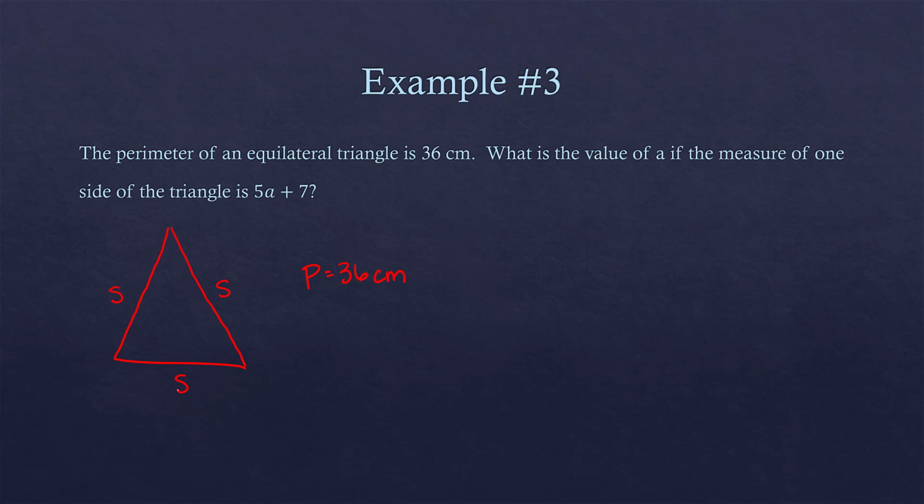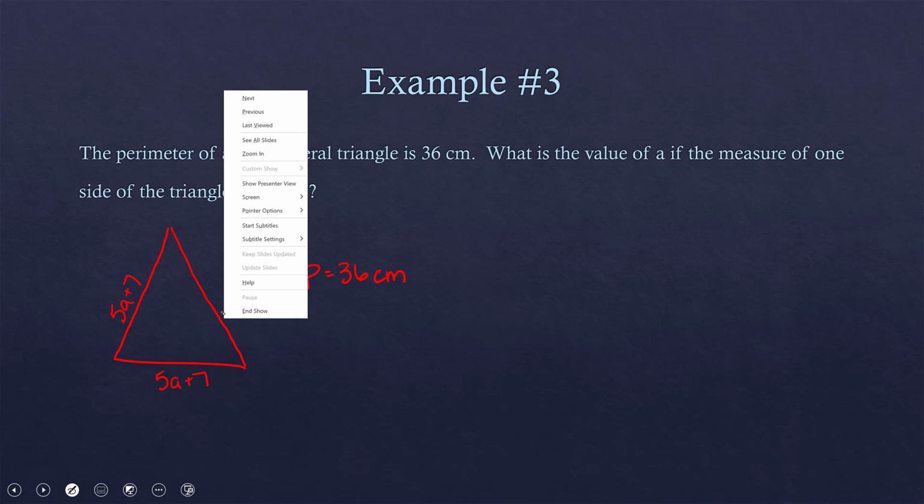This tells me that the measure of one of the sides is 5a plus 7, so I'm going to label 5a plus 7. This is equilateral, so all 3 sides are 5a plus 7.